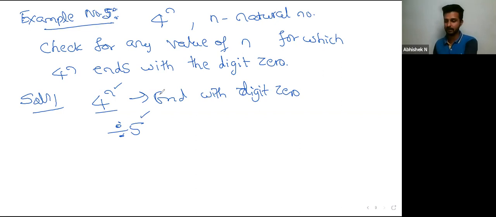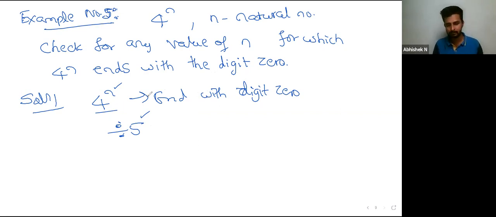Why can't we consider 10 instead of 5? Anyone? Because 10 is a composite number, right? So according to the fundamental theorem of arithmetic, every composite number can be written as a product of prime numbers.